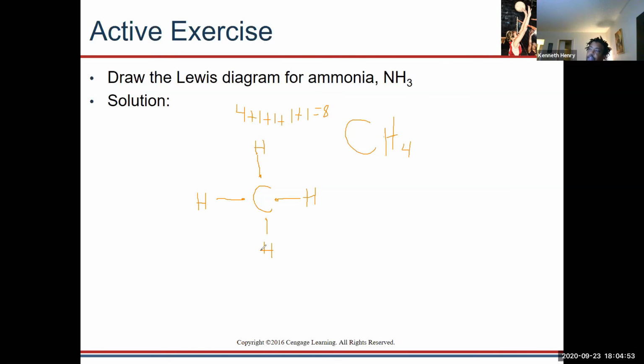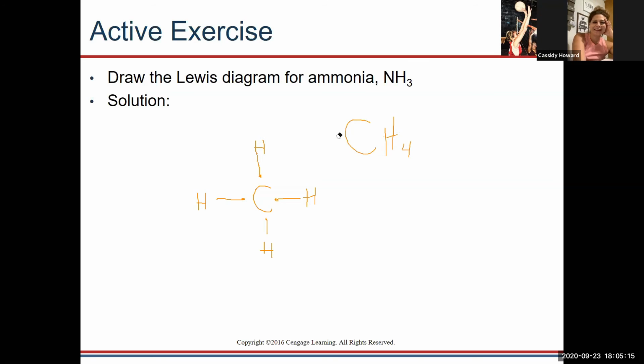Yep. I would give you the chemical formula and say draw the Lewis diagram, or I would give you a chemical name and say draw the Lewis diagram. Are you going to give us 4 different chemicals in it? Oh yeah, don't worry. You're worried that I'll make it too easy. I won't make it easy.